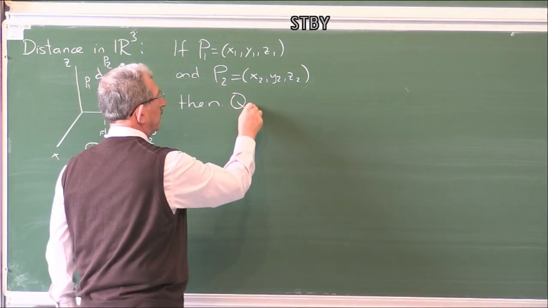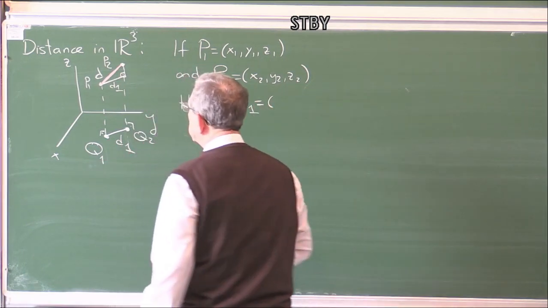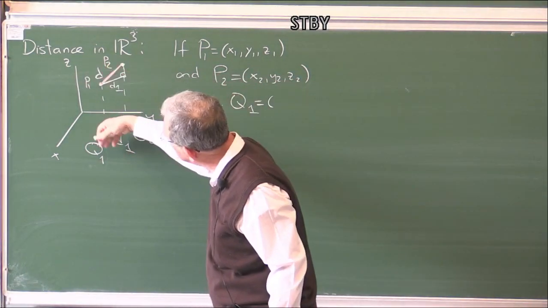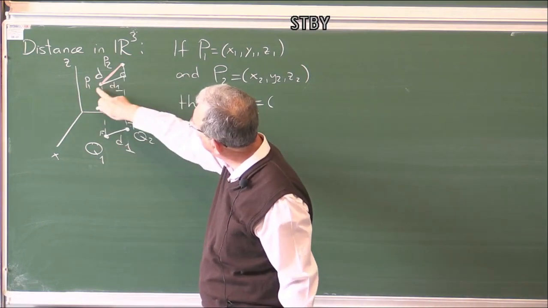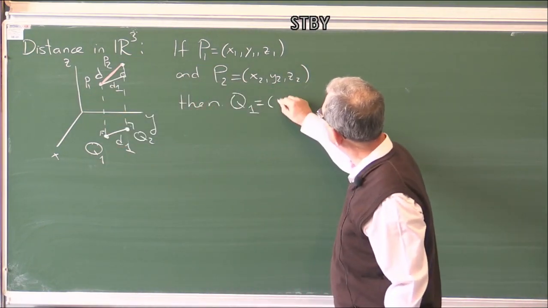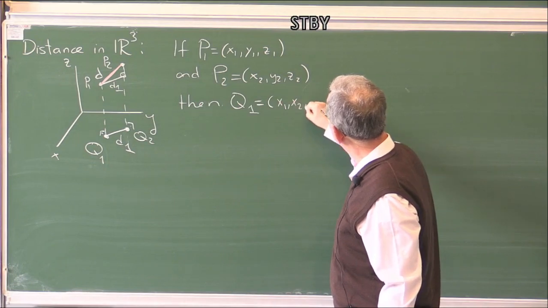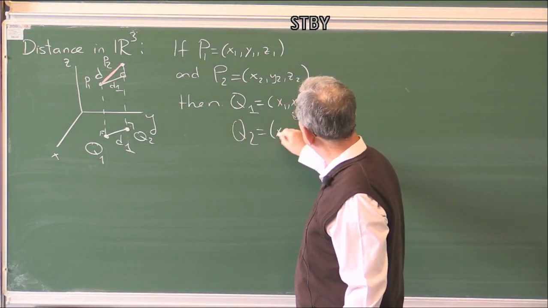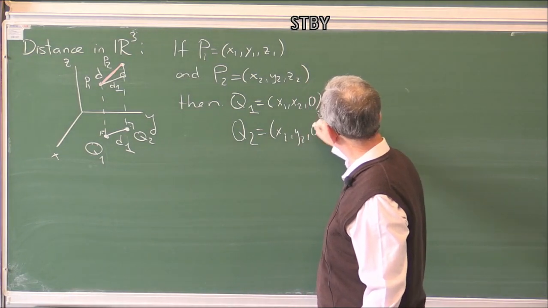Q1 is the direct projection, parallel to z, onto the xy plane of the point P1. So it is x1, y1, 0. And Q2 is x2, y2, 0.